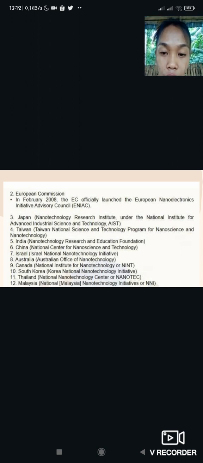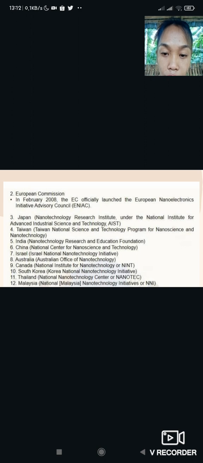Fourth, Taiwan. Taiwan National Science and Technology Program for Nanoscience and Nanotechnology. Fifth, India. Nanotechnology Research and Educational Foundation. Sixth, China. National Center for Nanoscience and Technology.